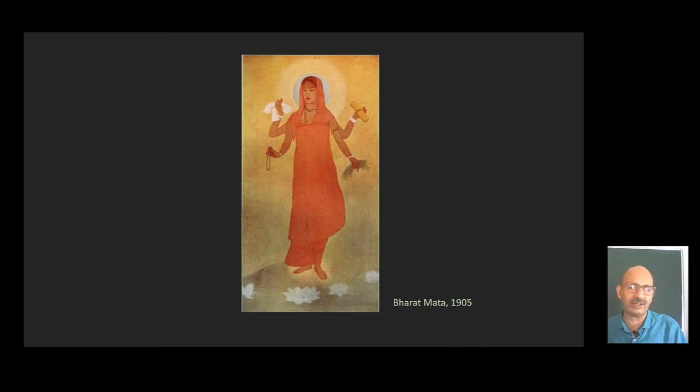Now this is an iconic painting, and if you look at the details clearly, it's not difficult to realize that the figure of a woman represented in this painting is nothing but a symbol of India as imagined by many Indians at that point of time, and particularly Abanindranath Tagore.